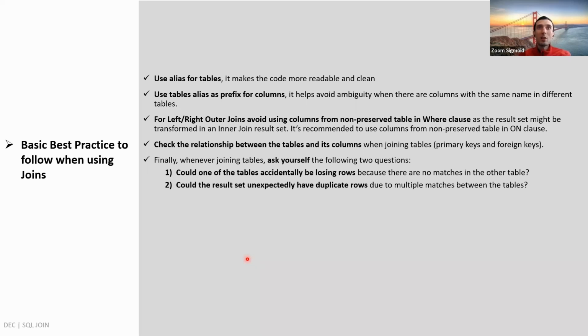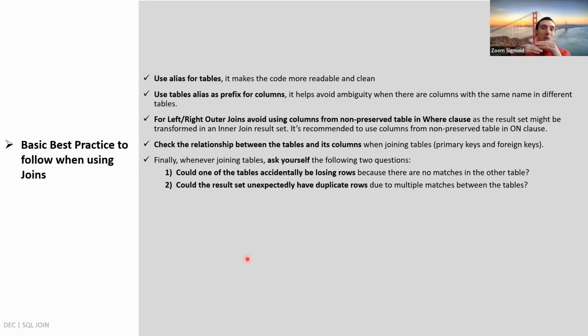And finally, whenever you are joining tables, you should ask yourself some questions. And the most important, which I would recommend, is these two. If you're losing accidentally any rows when you are joining, or if there are any unexpected duplicates, always ask yourself about that and check the results of the join.